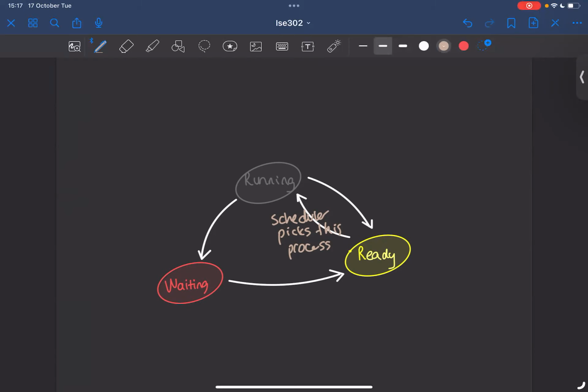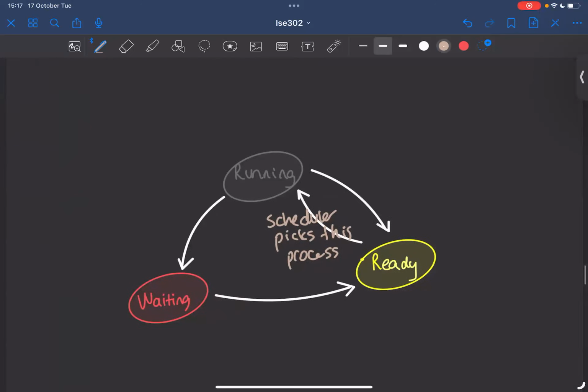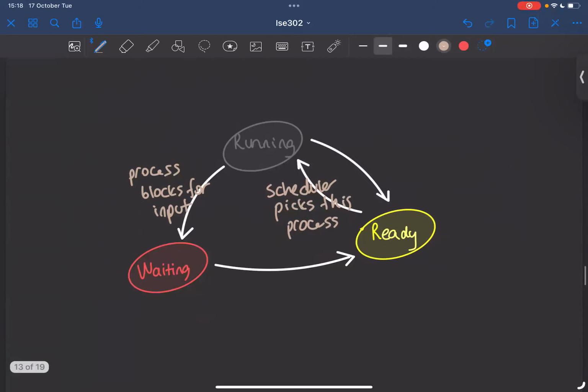And when the running process issues an I/O request, such as reading data from a disk, the process transitions from running to waiting, okay? So the process blocks for input. So the process requests something that it cannot get immediately.